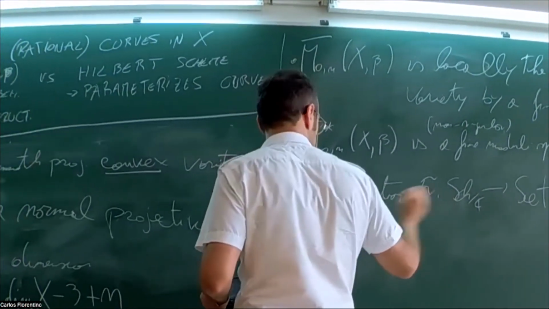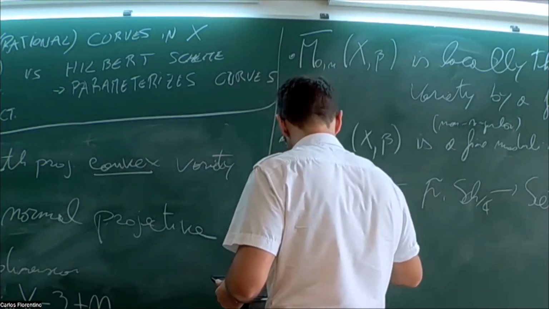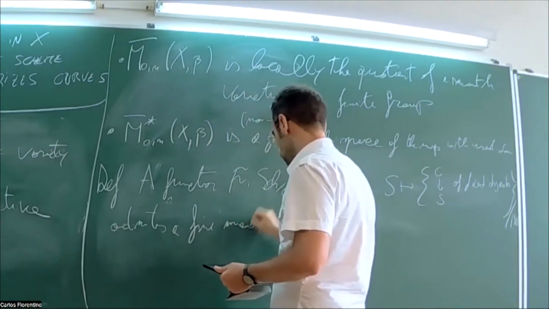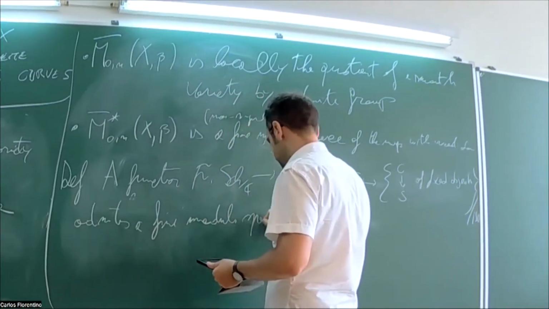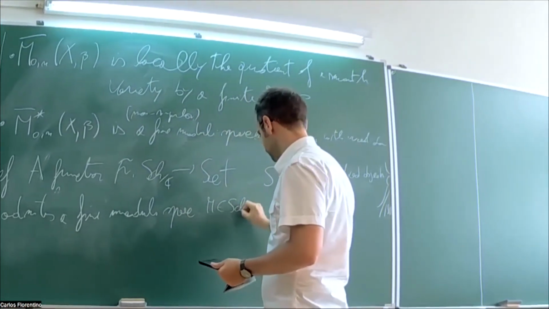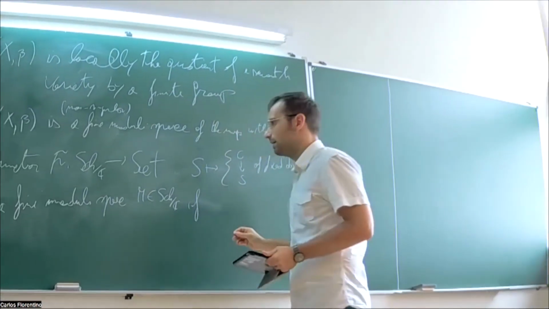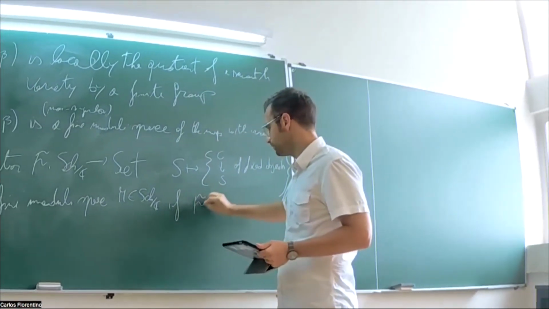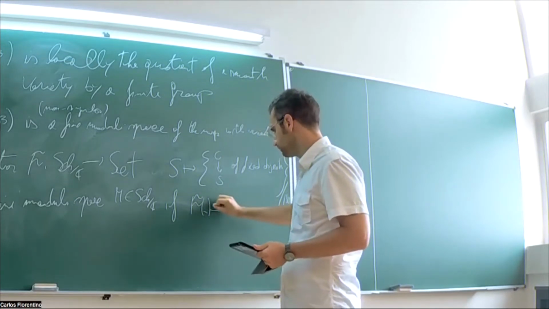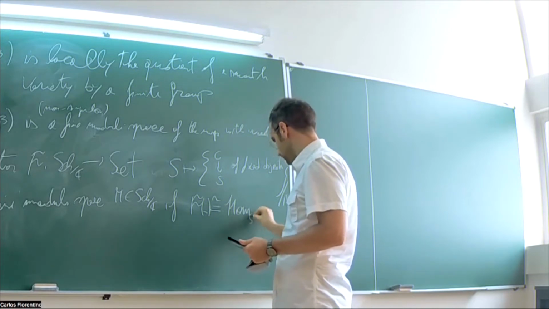This functor F admits a fine moduli space M if, as a functor, F is isomorphic to the functor Hom(-, M) in the category of schemes.